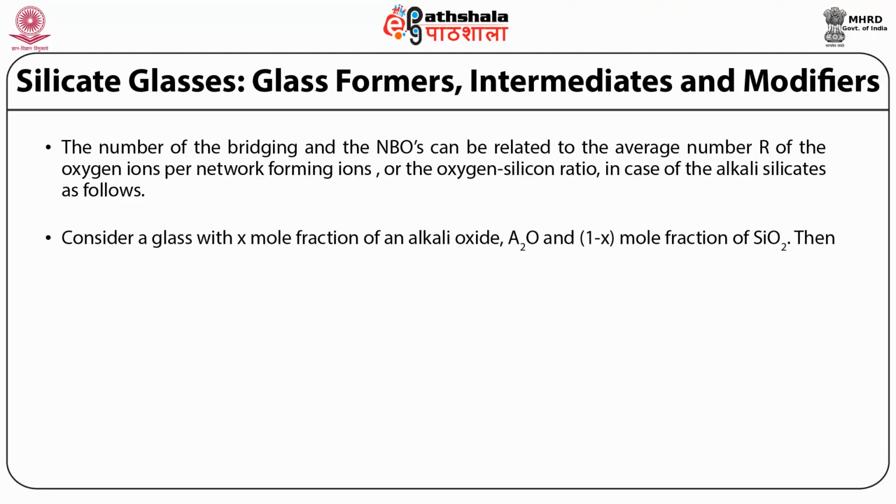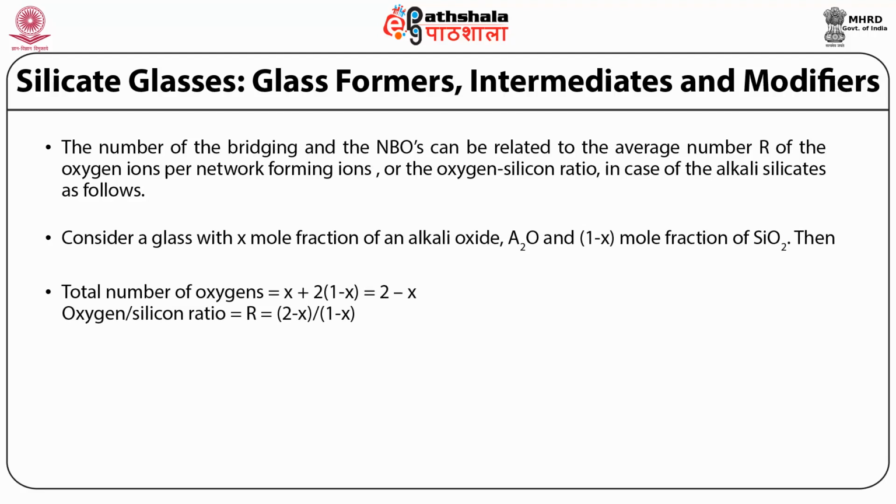Consider a glass with X mole fraction of an alkali oxide A2O and 1 minus X mole fraction of SiO2. Then the total number of oxygens is equal to X plus twice of 1 minus X, which comes out to be 2 minus X. The oxygen to silicon ratio is given as capital R, which is equal to (2 minus X) divided by (1 minus X).